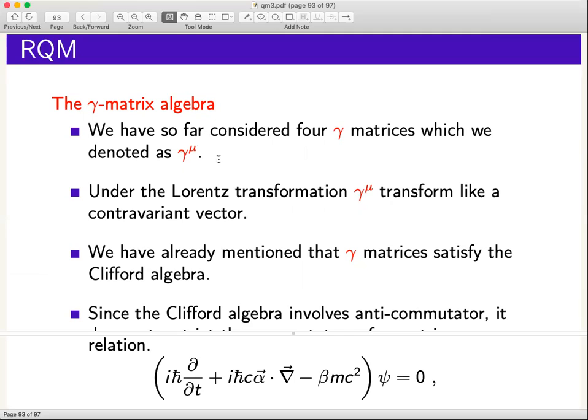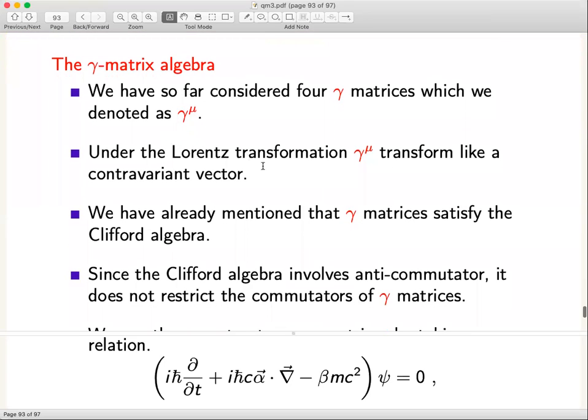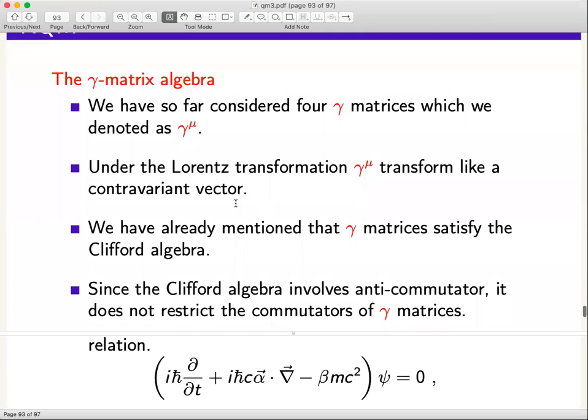These are the only four gamma matrices that we have used so far. One can check that under Lorentz transformation, these gamma matrices transform like a contravariant vector. Remember, the Lorentz transformation matrix is just a matrix of constant entries, lambda mu nu. You can check that lambda mu nu acting on gamma mu will produce a gamma nu for you.